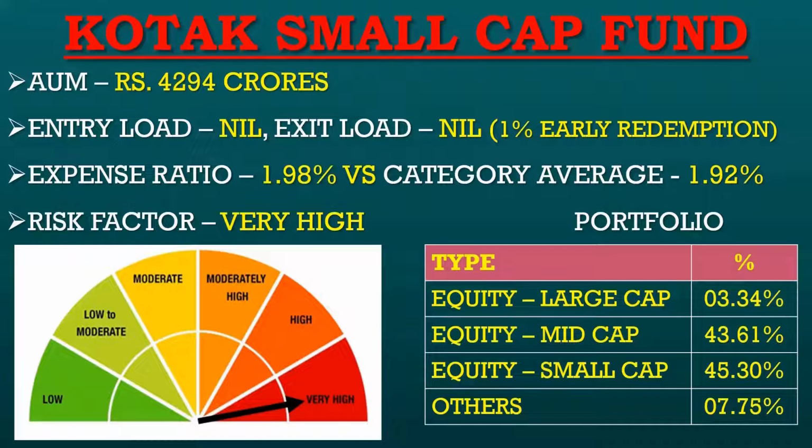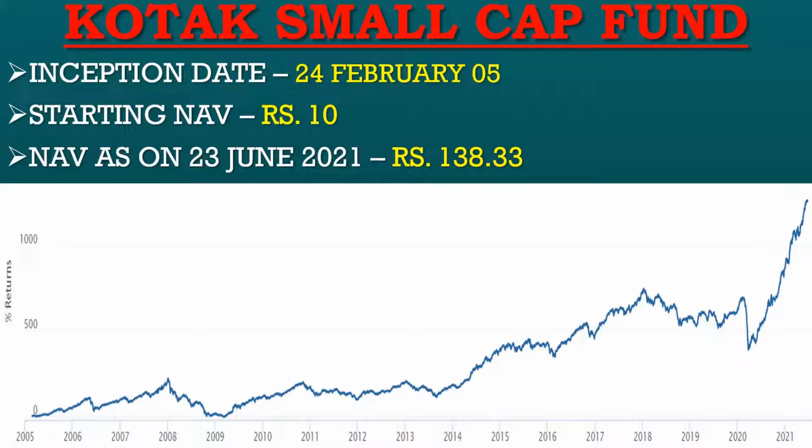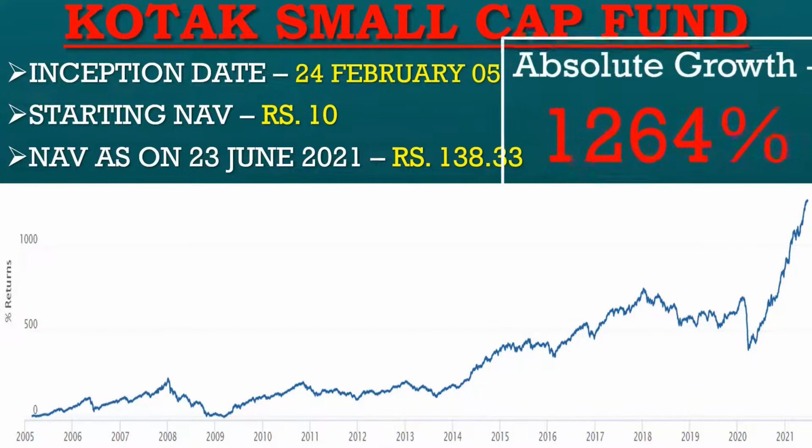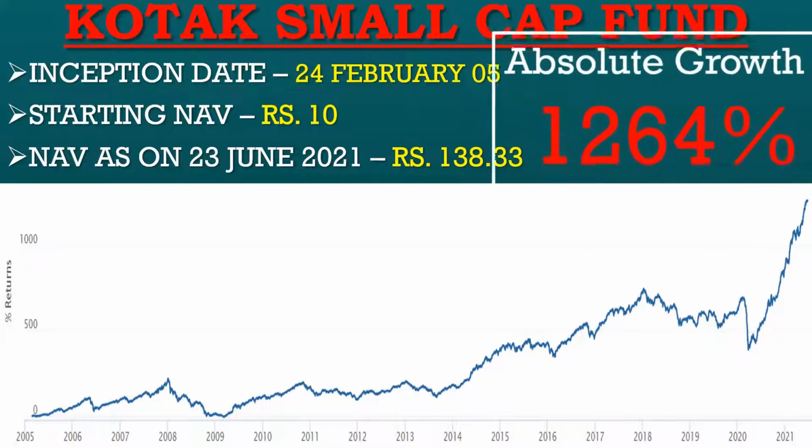The risk factor again being very high since 92.25% of the AUM is invested in equities. The inception date of this fund was 24th February 2005 with a NAV of Rs 10. The current NAV as on 23rd June 2021 is 138.33. The absolute growth since inception for this fund is 1264%.